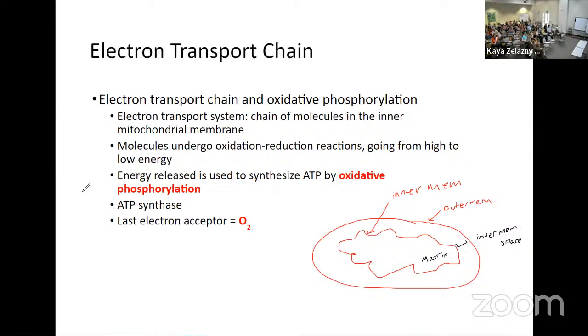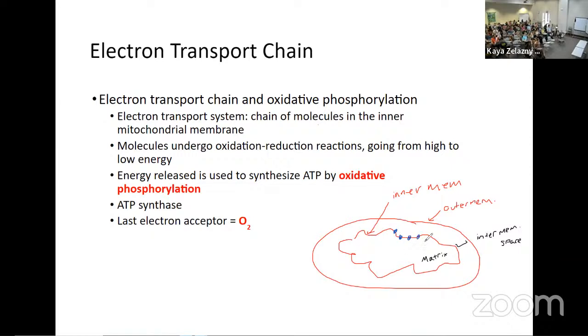So the electron transport chain, when we're saying that we have a chain of molecules in that inner mitochondrial membrane, we mean we've got stuff embedded here in that membrane. So we've got these molecules going across that inner membrane. As we go down the electron transport chain, what's happening is a series of oxidation and reduction reactions, so like redox reactions.